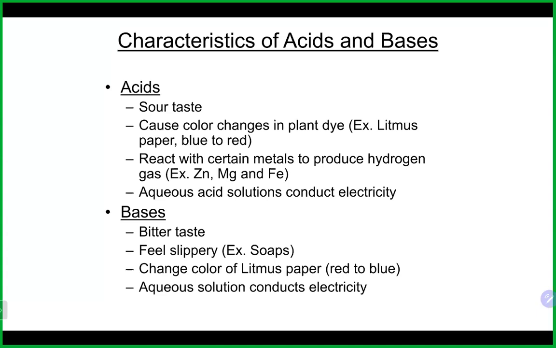Typically, if litmus paper turns red or stays red, it means that solution is usually acidic. If your litmus paper turns blue or stays blue, it usually means that it's more basic. So very common in labs, we use litmus paper. It doesn't tell us the pH or anything specific, but it just gives us that idea: this is more acidic, this is a basic type of solution we're dealing with.